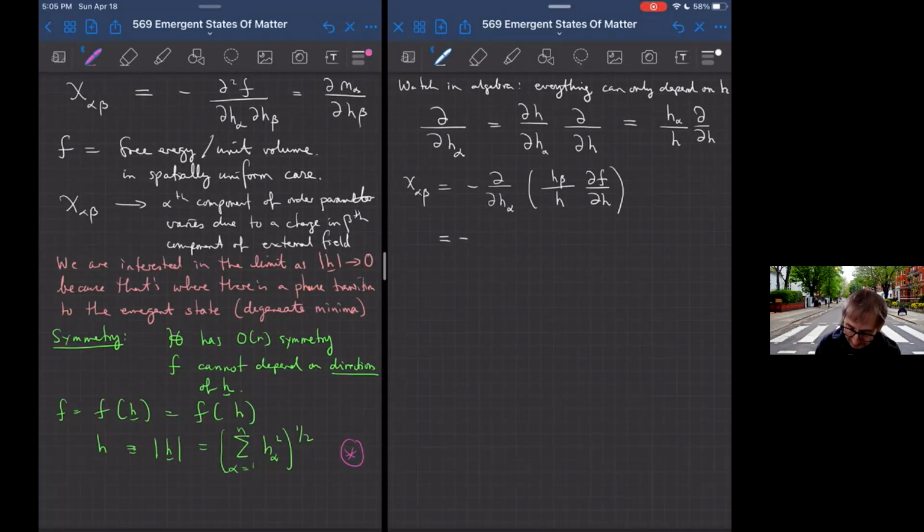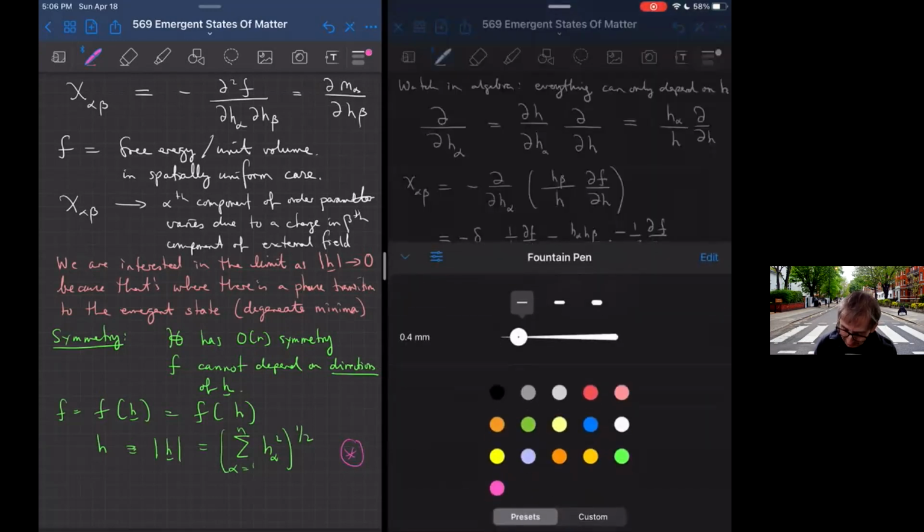So I get minus delta_alpha beta, 1 over h, dF/dh. Then I get a term H_alpha H_beta over h times minus 1 over h squared dF/dh. And then lastly, I get a term minus H_alpha H_beta over h squared d2F/dh squared.